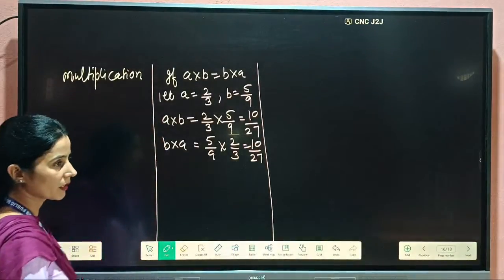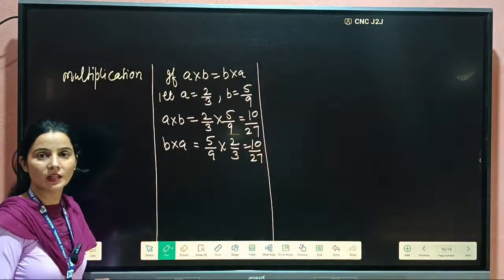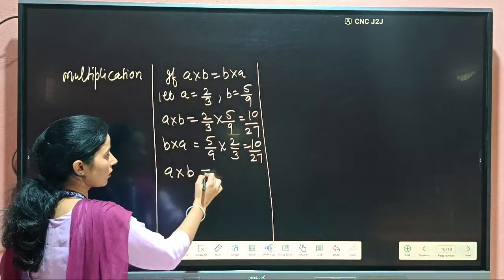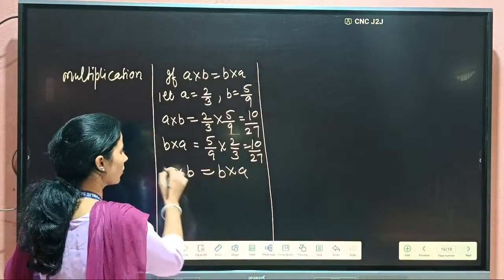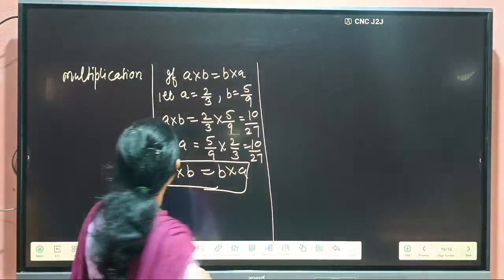It means if you multiply two rational numbers in any order, you will get the same answer. Multiply either A into B or B into A, in all cases you will get the same answer. What is our conclusion then?